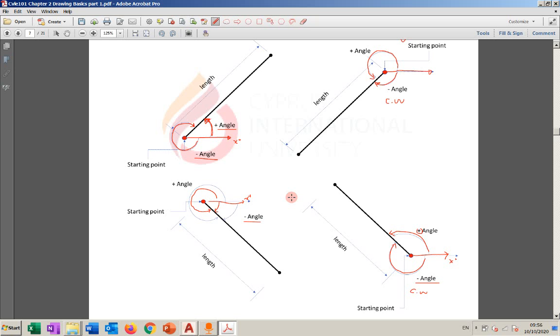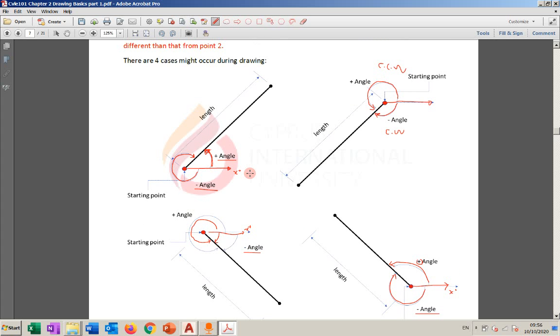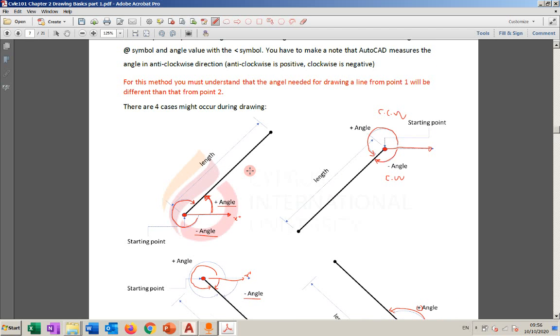We're going to explain this in an example, but I don't want to make the video long, so I'm going to explain how we tell AutoCAD that we will give length and angle. We're going to use the at symbol. We give the length first.